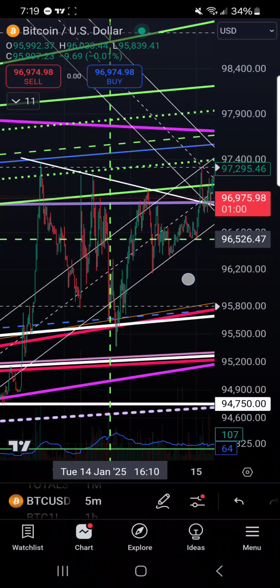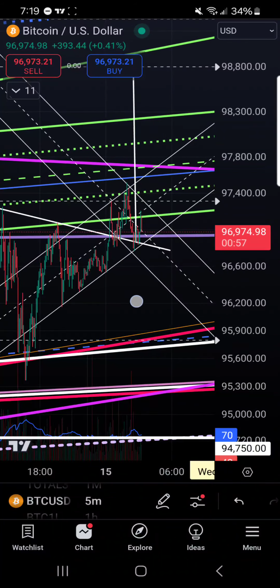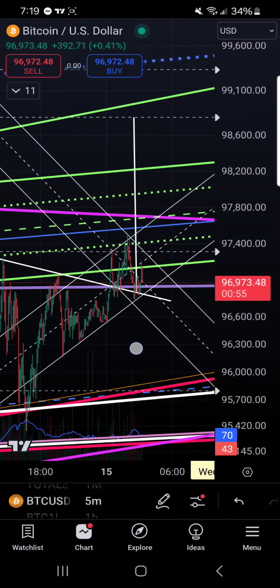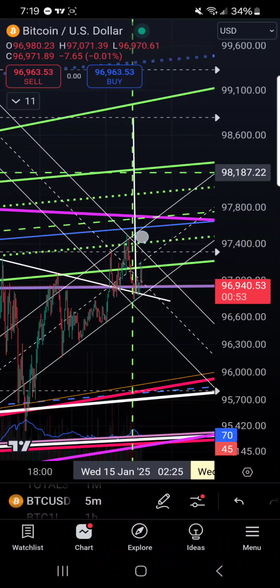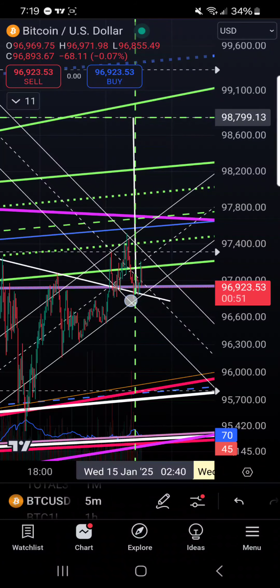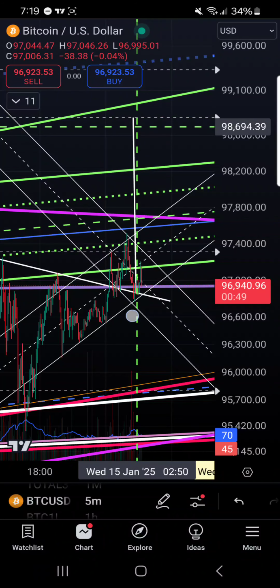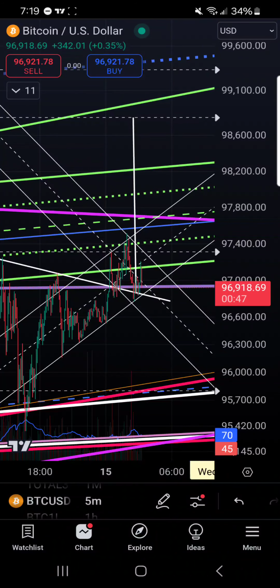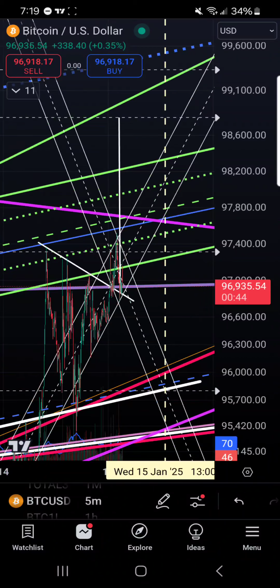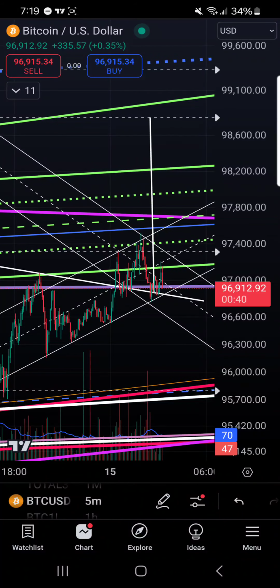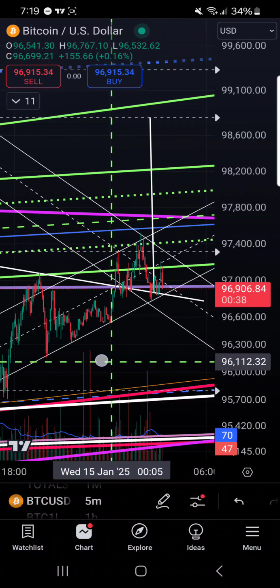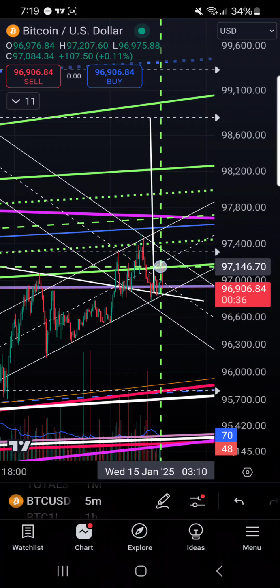Now the target from that, is it this one? I do believe it's this one right here, up at about 98.8. That doesn't seem to jive with a lot of other things that I see going on. So I think it just simply means that we're traveling upwards here in this channel.